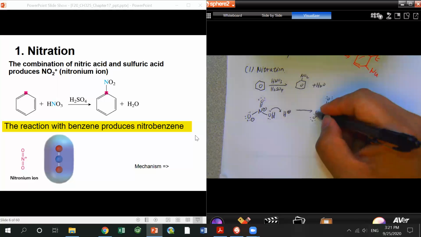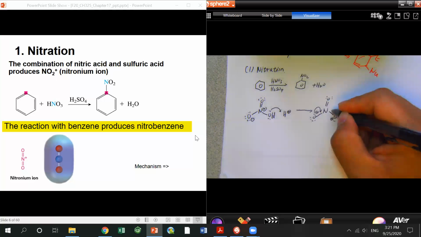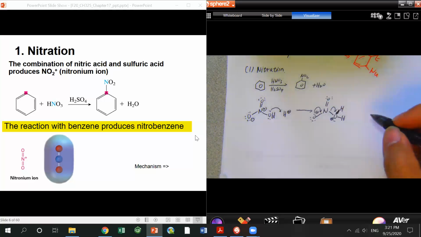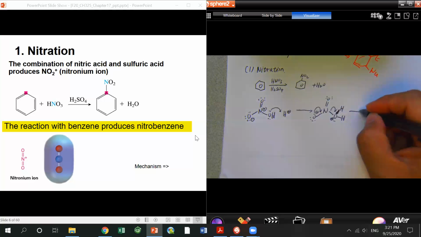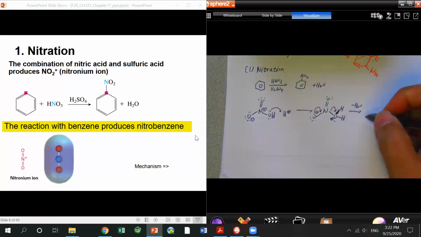And then you push the electrons, kick off the water, and then you generate what we call the nitronium cation. Keep in mind, this nitronium cation is a linear structure.